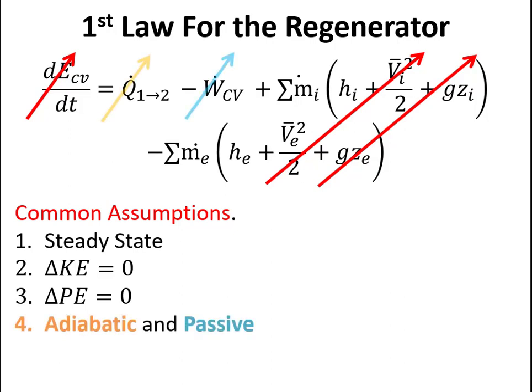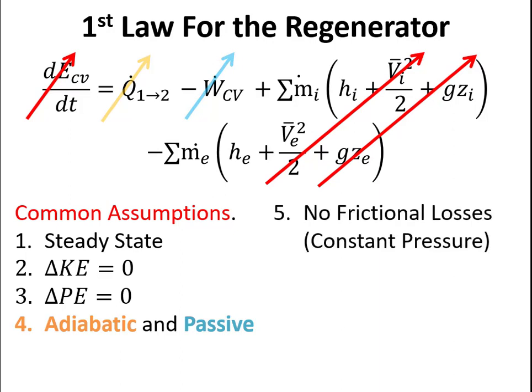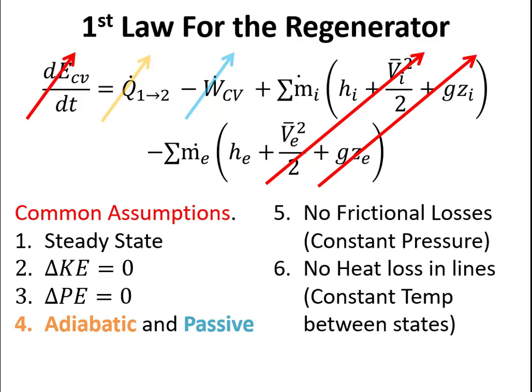It's adiabatic and passive, so it's not consuming or generating power, and it's fully insulated, or it's not losing heat to the surroundings, even though there's heat being transferred from the hot side of my regenerator to the cold side of my regenerator. I'm assuming that there's no friction loss and no heat loss anywhere in my regenerator.